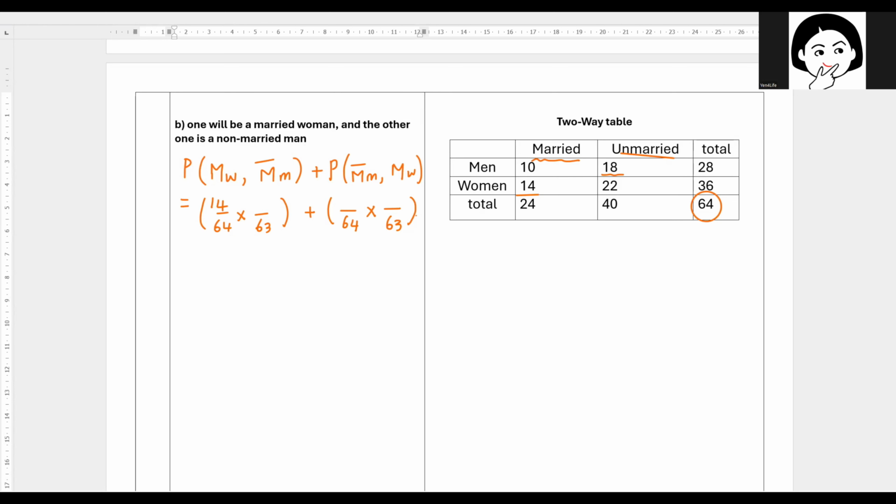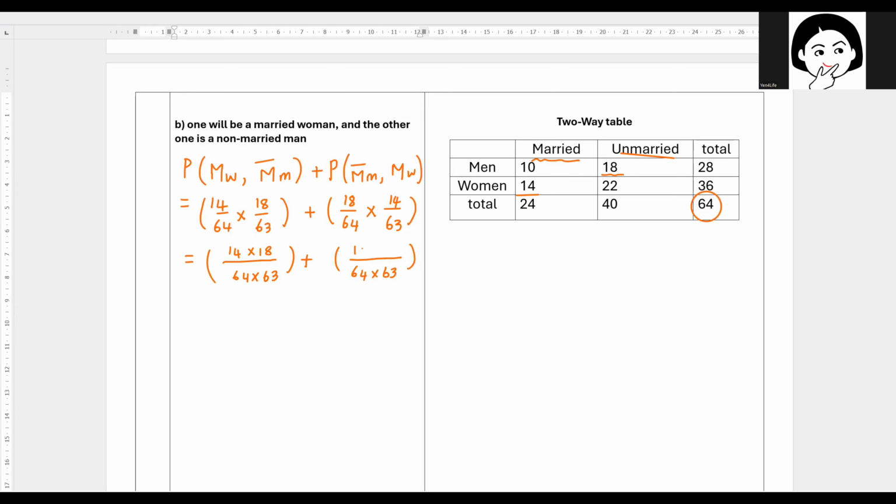And it's just swapped. So I'm going to put 18 first and then 14, because we're going to pick unmarried men first. Now this is really exactly the same because you're just timesing it, right? It doesn't really matter if you put 14 times 18 or 18 times 14, same thing.